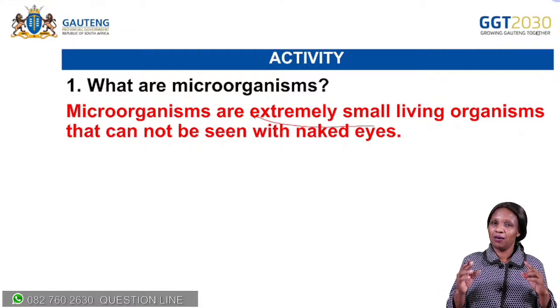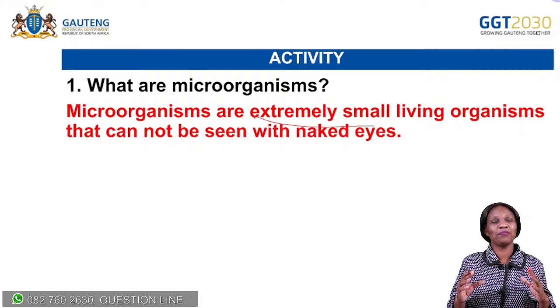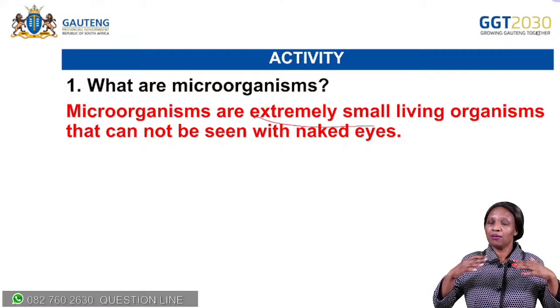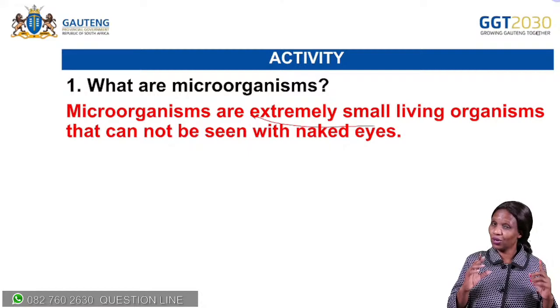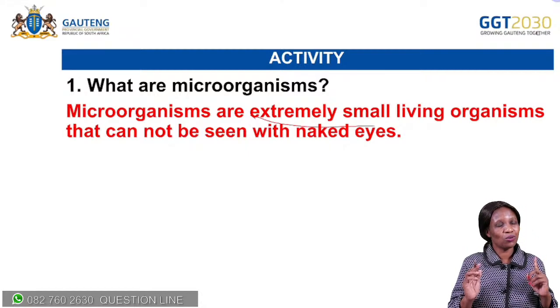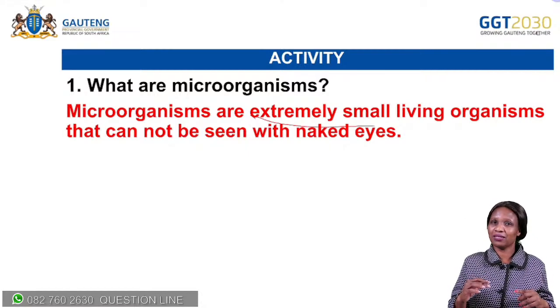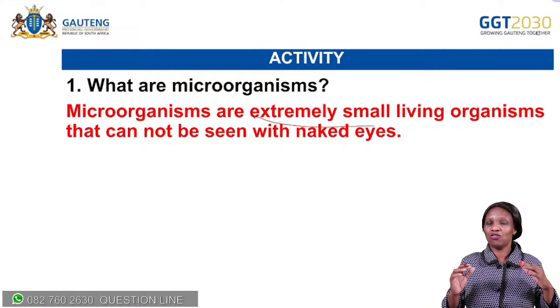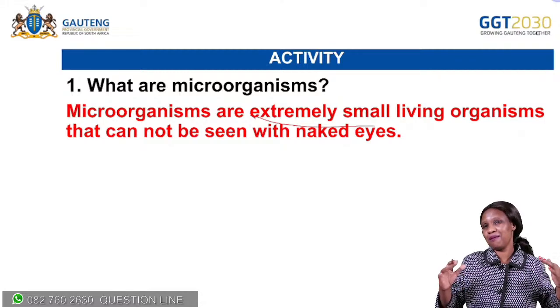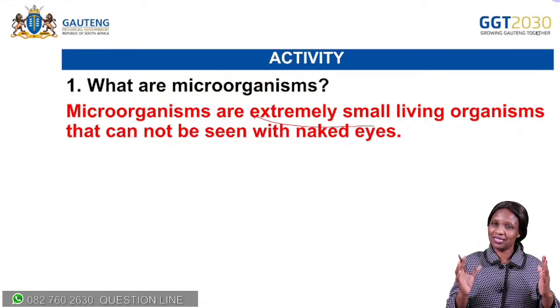Okay? But that bacteria has been made to appear larger than it is, because remember, we can't see them with our naked eyes, but the micrograph will make them appear larger. They'll be huge, or we can just say big, so that we can study them.